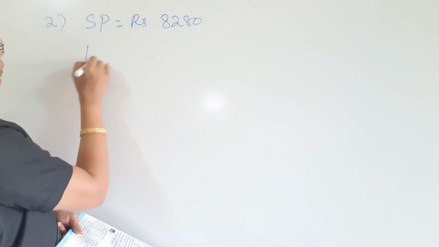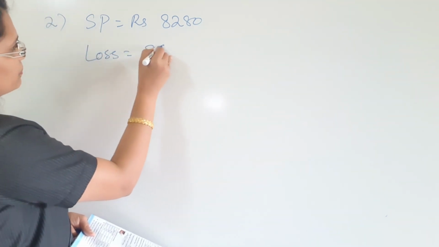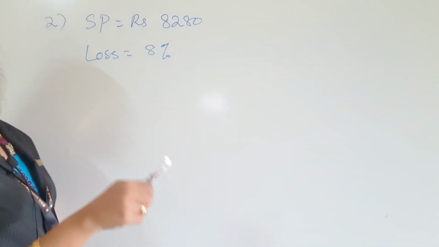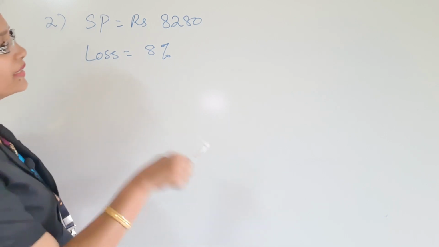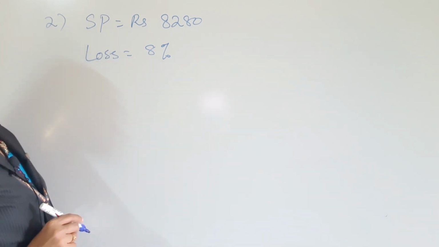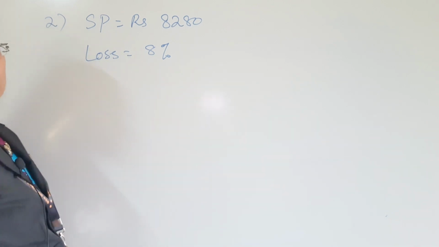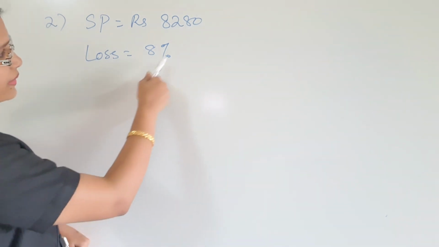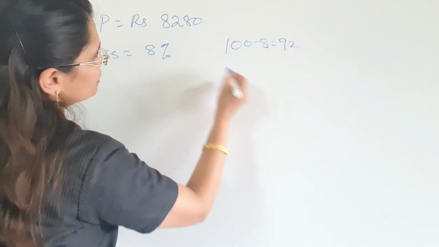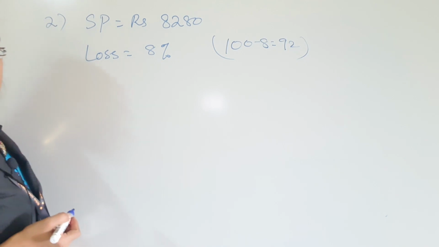Then loss is equal to 8%. In the previous question it was profit and we added to 100. Here we have to add or subtract? This is loss, so we have to subtract. So 100 minus 8 is equal to 92.